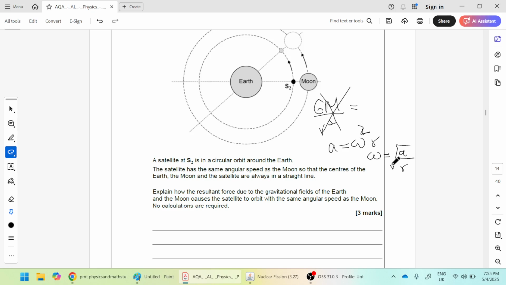Now, what we can see is that in order for omega to be constant, when r decreases, the ratio of acceleration and radius should be constant. That means a and r should have a constant ratio between them. So what is that telling me is that, interesting.